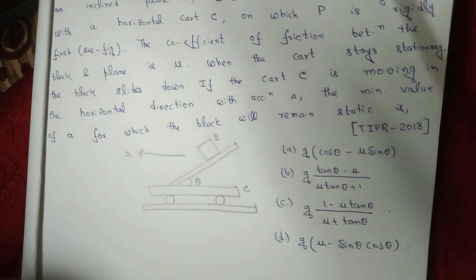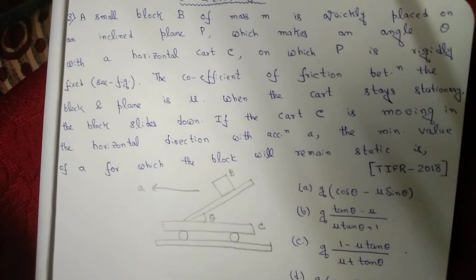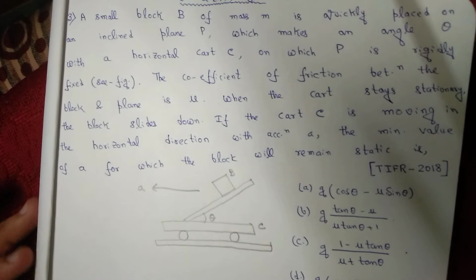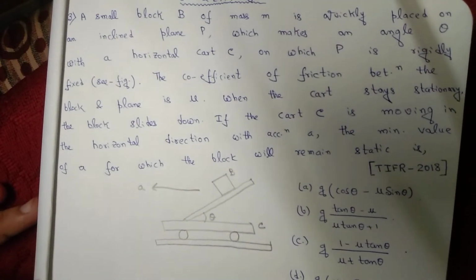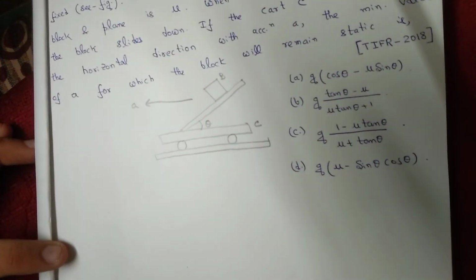Let's do that. It's my request to please write the question paper somewhere, because while I solve this, you will be unable to see the question, or you may take a screenshot of this. So let's solve.